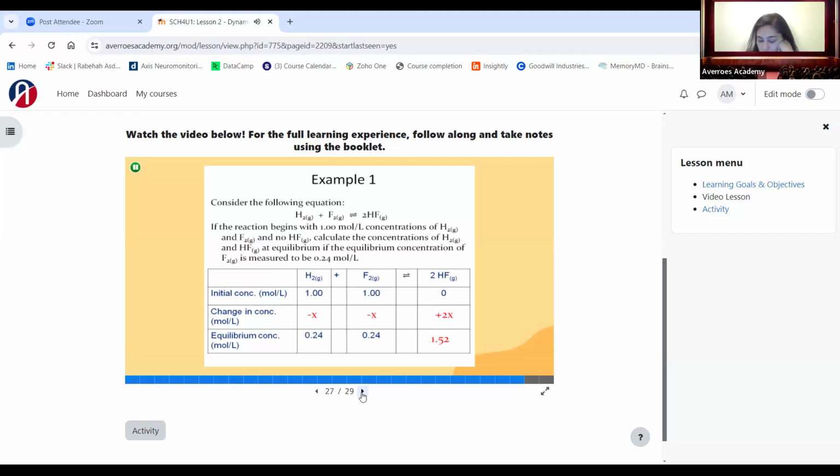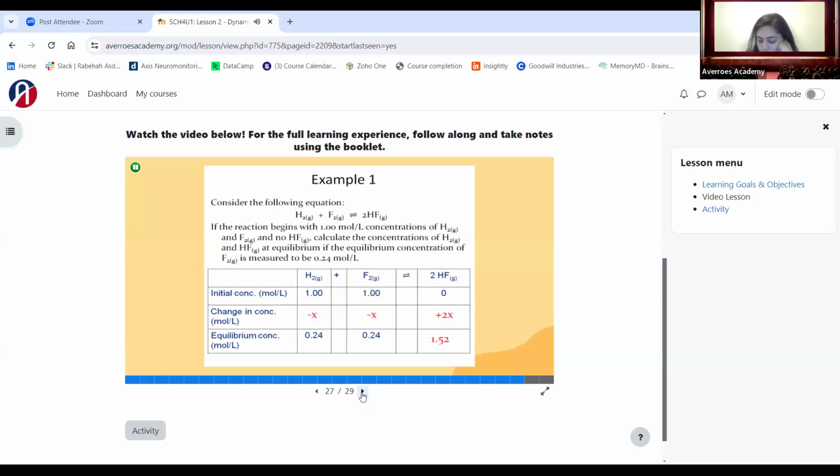We don't know the exact amounts, right? But we can choose the variable X to represent changes in the concentration of these reactants and products, with the coefficients of X corresponding to the coefficients in the balanced equation, right?